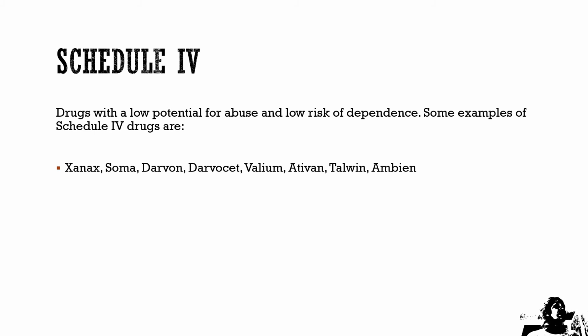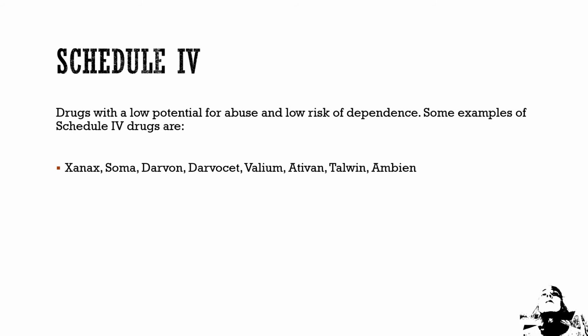Schedule 4 drugs, drugs with less potential for abuse and a very low risk of dependence comparatively. And here are some examples of that. Xanax, Soma, Darvon, Darvocet, Valium, Ativan, Talwin, and Ambien. Again, take a look at this and read it again.